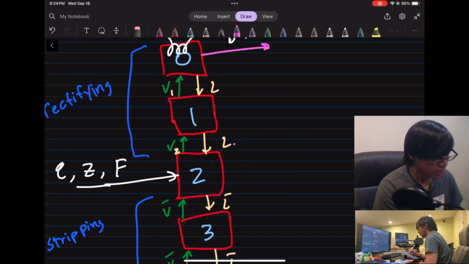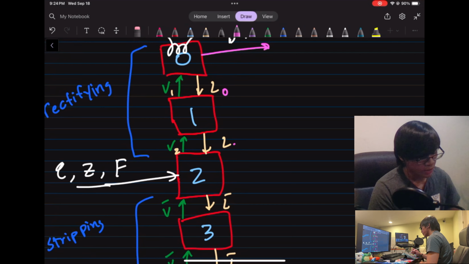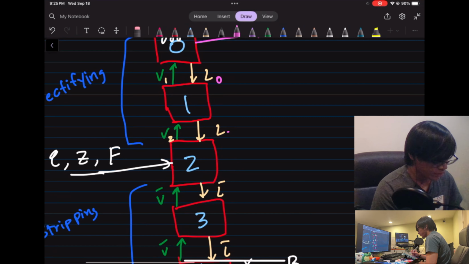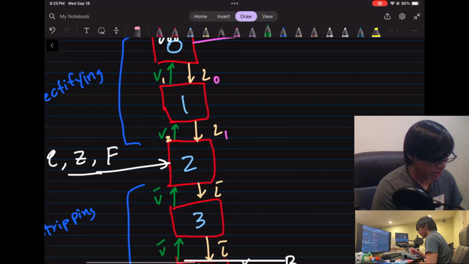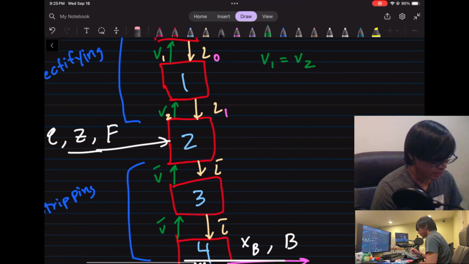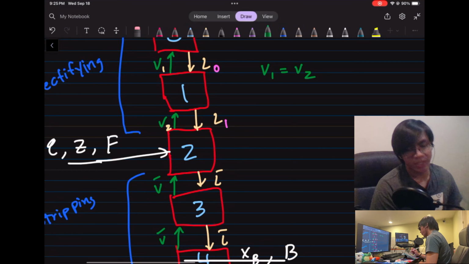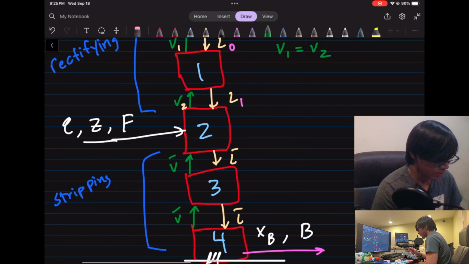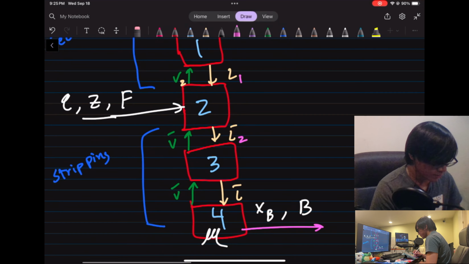So this liquid here is coming from stage 0, so I number it the liquid flow rate of the 0 stage. And going off that notation, I can say our V1 is equal to V2. Actually, our V bars are all equal to each other. So we'll be getting rid of these number notations soon enough, but I'll go ahead and number them just for the sake of it.